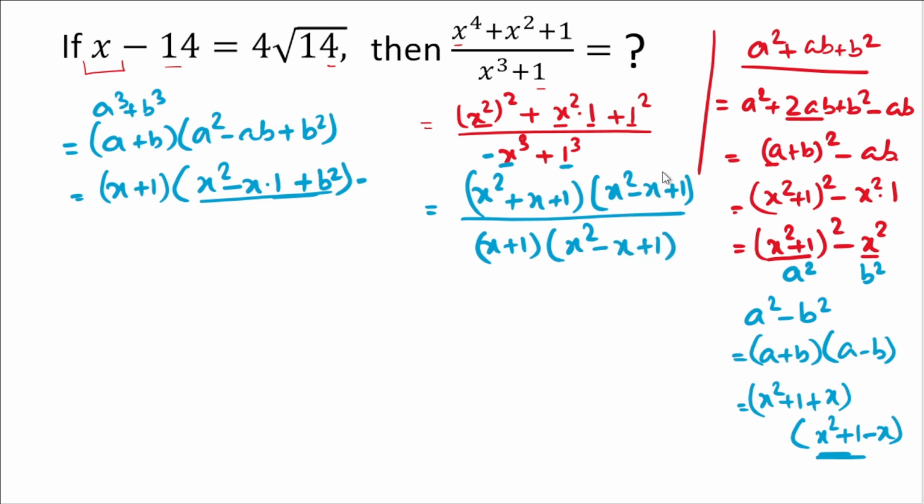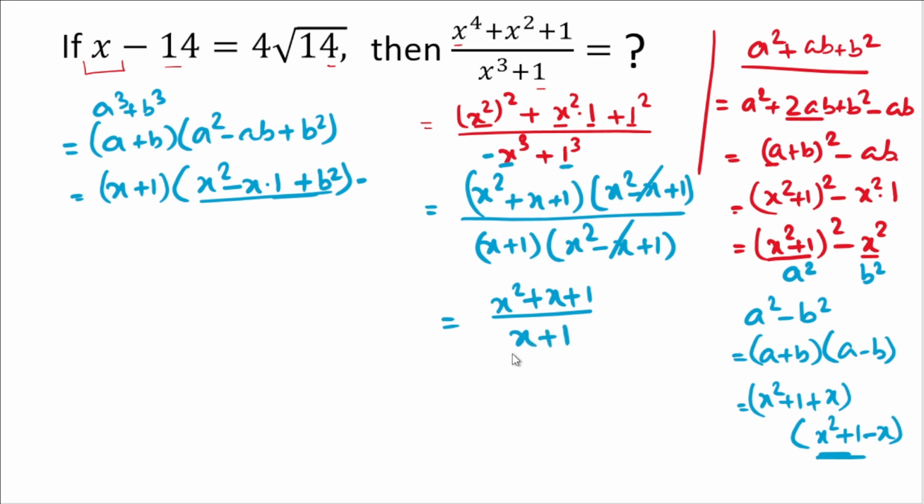Now in the denominator and numerator, the common factor x^2 minus x plus 1 will cancel, and we are left with (x^2 plus x plus 1) divided by (x plus 1).